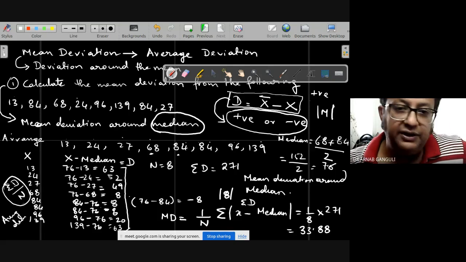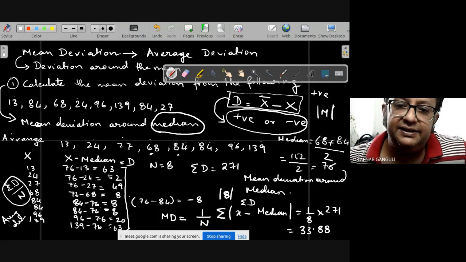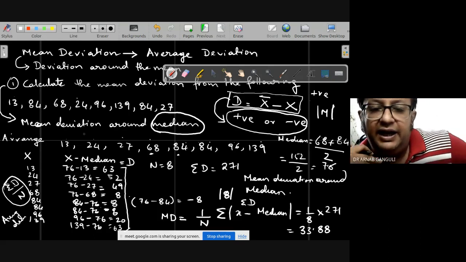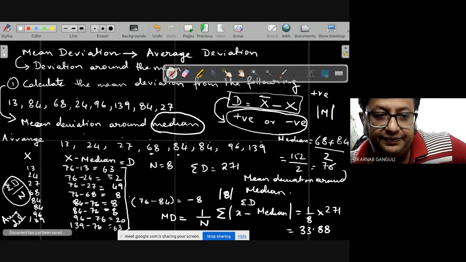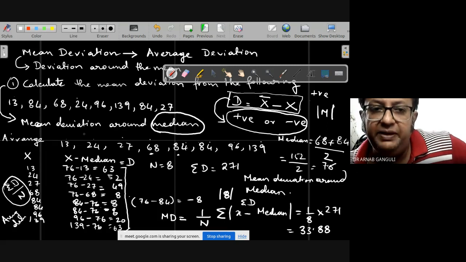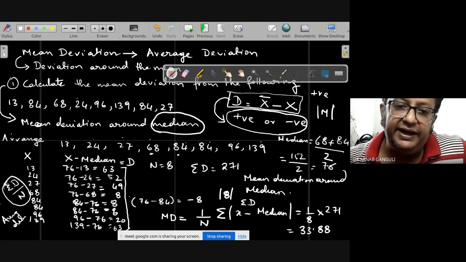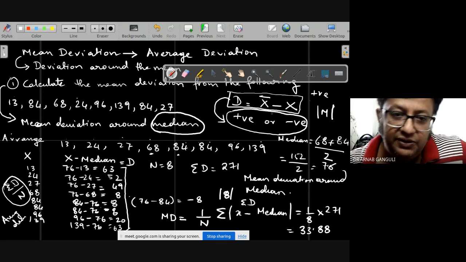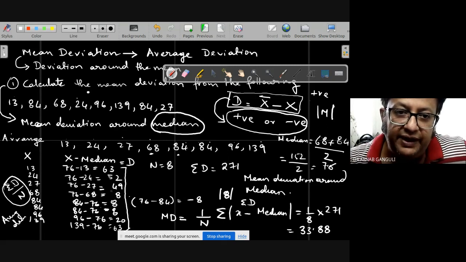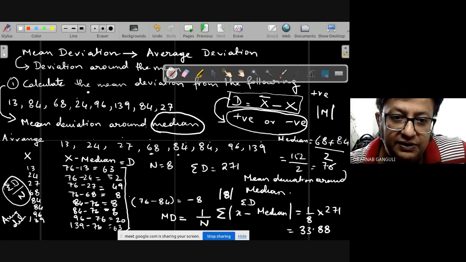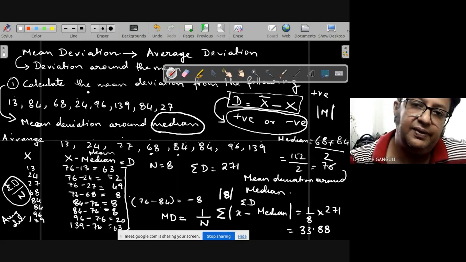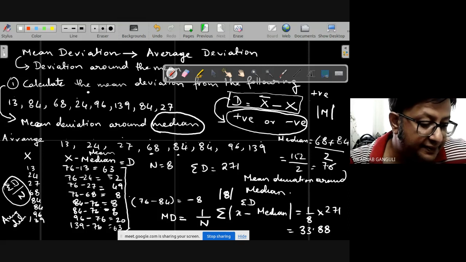Now, you can be asked to do this around the mean. Average deviation around mean. So instead of finding the median value, you have to use the mean value. Clear? Yes, sir.